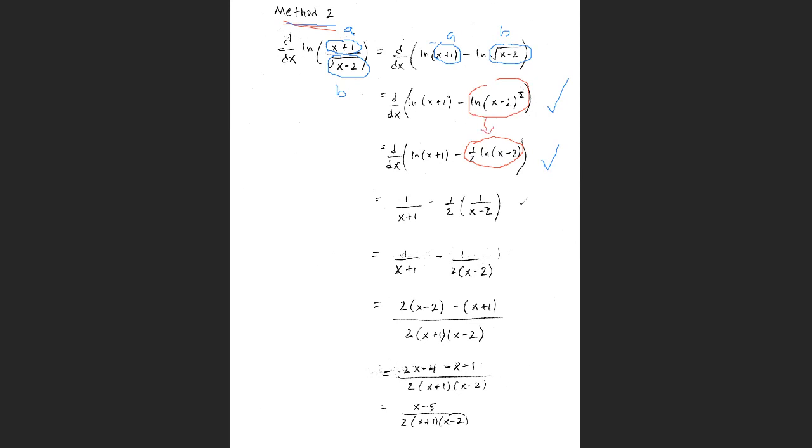Well, if you have the log of a to the bth power, that's right, Trevor, the log of a to the bth power is b times the log of a. So whenever you take the log of something raised to a power, you can put the power in front.